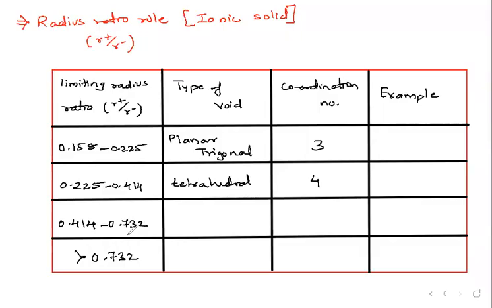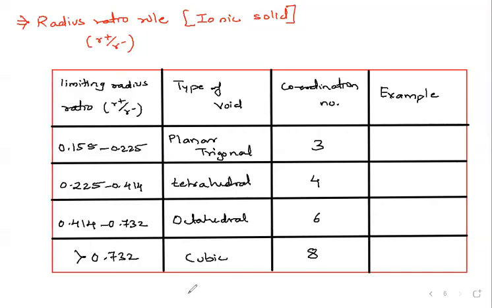If it lies between 0.414 and 0.732, the void is octahedral, coordination number 6, formed by 6 spheres. And if the radius ratio is greater than 0.732, the void is cubic, formed by 8 spheres.